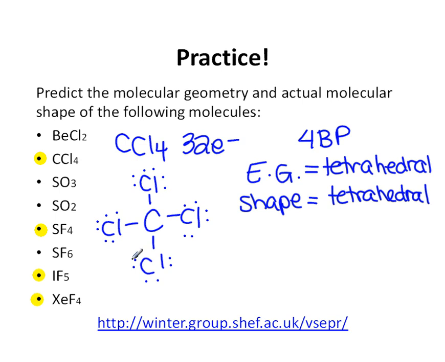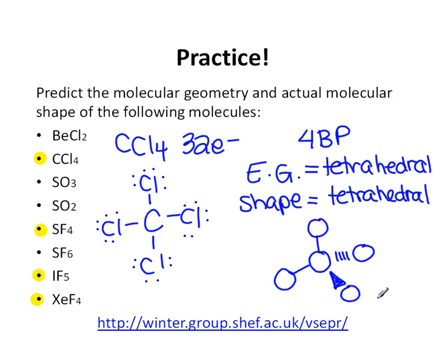So now we're going to redraw this in 3 dimensions. So it has to have a tetrahedral shape. You can draw it with the actual atoms, or you can use a ball and stick model. It doesn't matter. Here's our central atom. For tetrahedral shape, one goes to the top, one goes to the side, one going backwards, one going forwards.